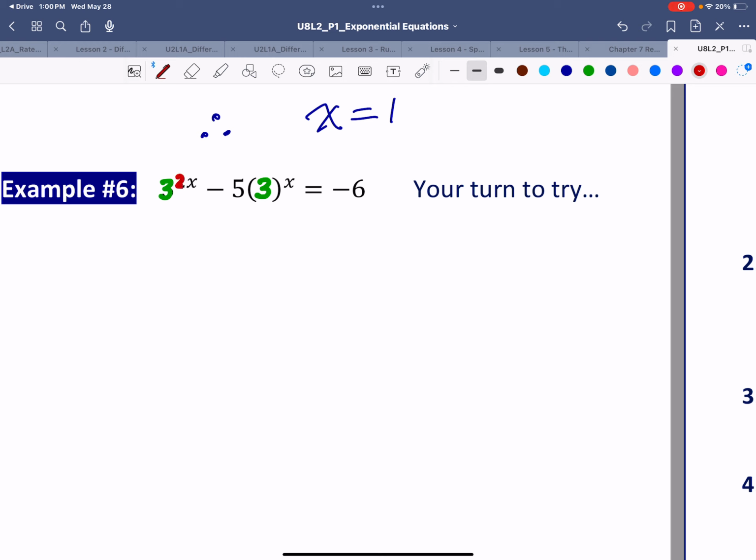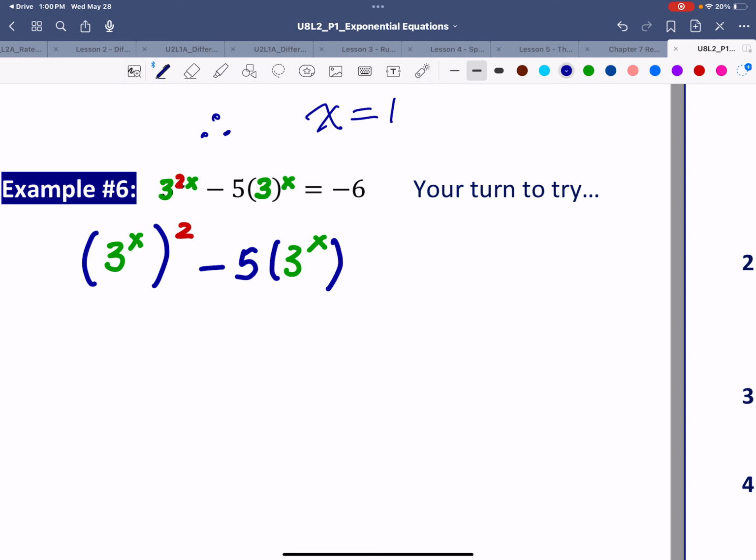So I'm going to say that in this case, we have 3 to the power of x, and then squared. And next we have minus 5 times 3 to the power of x.